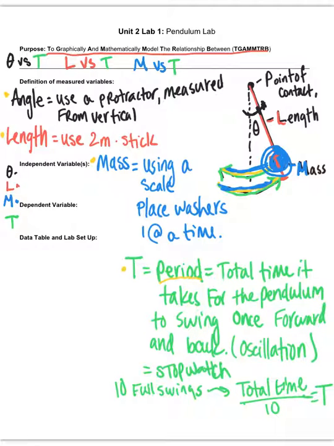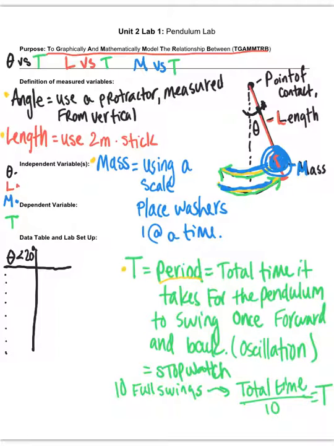Now this brings us to the data table and lab setup. We already talked about the lab setup here on the right, but for the data table, you're going to select a number of different angles, and we are going to keep all the angles less than 20 degrees. So pick 8 angles less than 20 degrees.